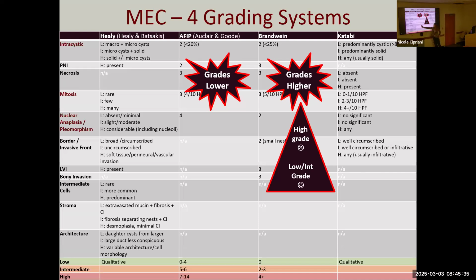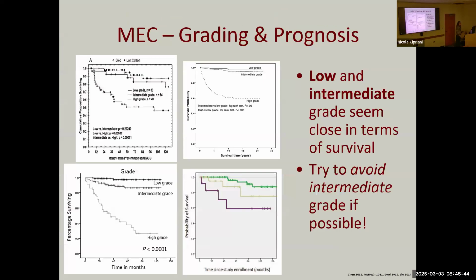I don't use this one because it's artificially low. So I try to stick to Brandwein with that caveat in mind. As you can see here, numerous studies, including ones that we have done here, show that the Brandwein low and intermediate are really biologically very similar.